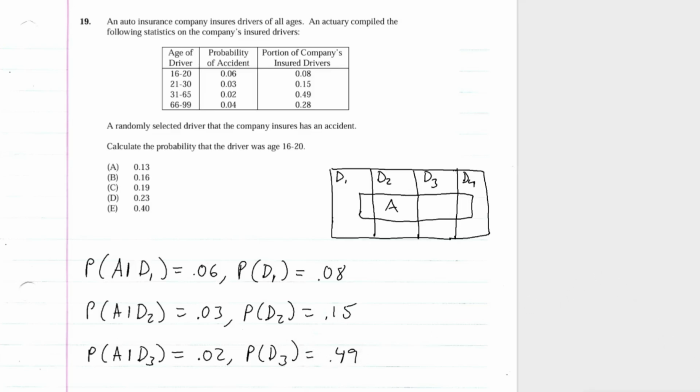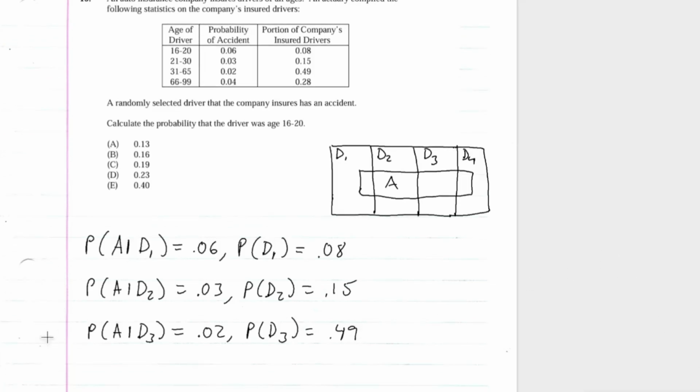And then lastly, we have the probability of an accident given they're in the fourth category, which is 0.04, and the portion of people that are 66 to 99 is 0.28. All right.